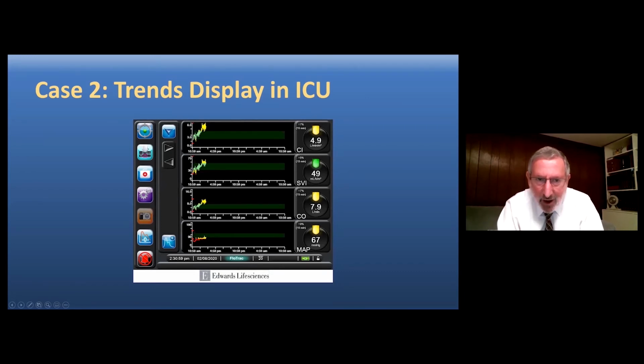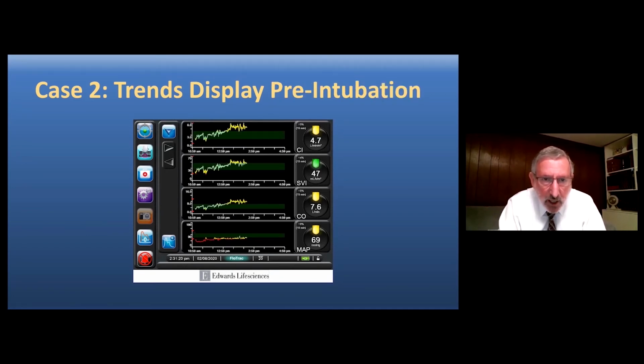So why was the pre-ICU team pushing fluids? They were pushing fluids, and we noted with more hours in the ICU, the SVI was leveling out now, and the CI was leveling out. So more fluid was not working to get any higher hemodynamic review, and the MAP was still holding.